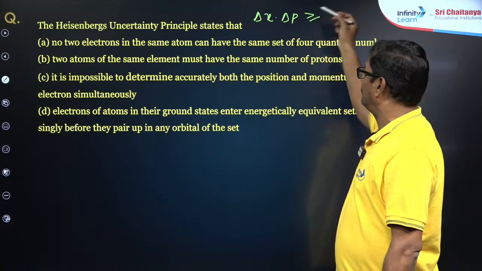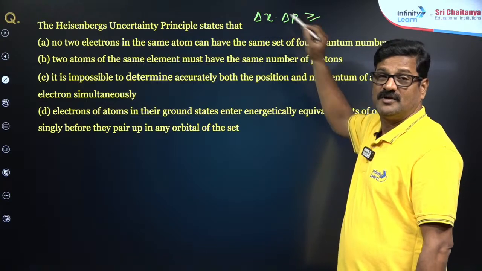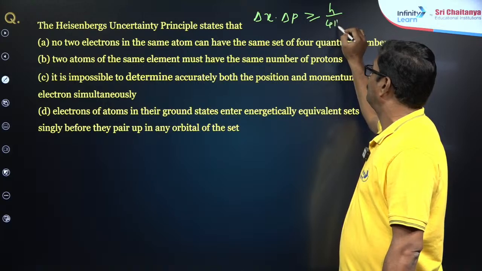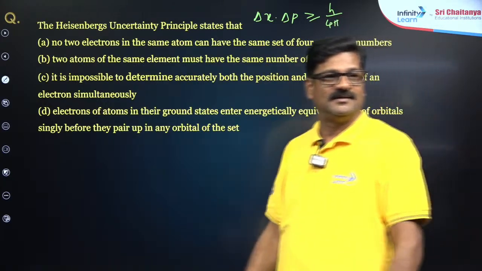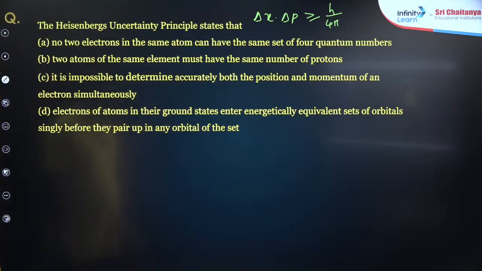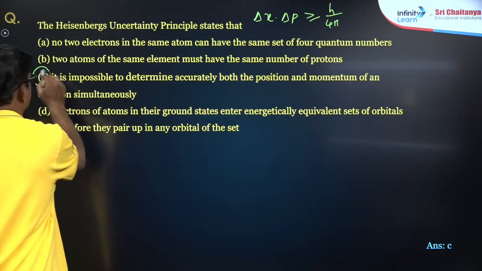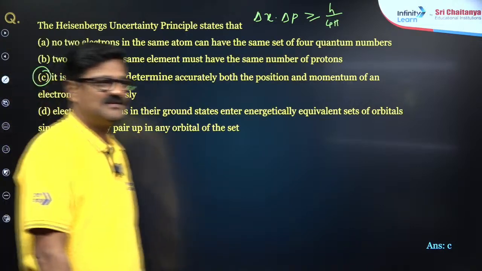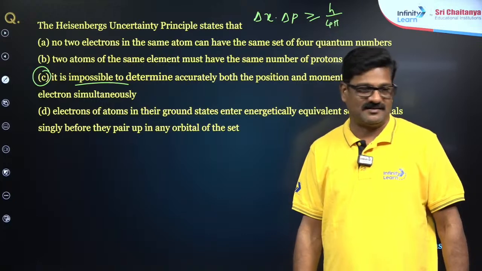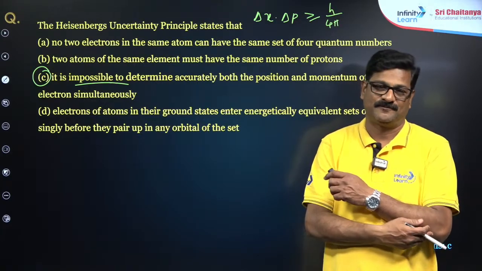The product of uncertainty in position and momentum should be greater than h by 4 pi. Should not be less than. Yeah, Hemant. Okay. Yeah, Monica. Perfect. It is going to be option C. It is impossible. Right? If you want to do so, you are going to get an error. How much uncertainty?